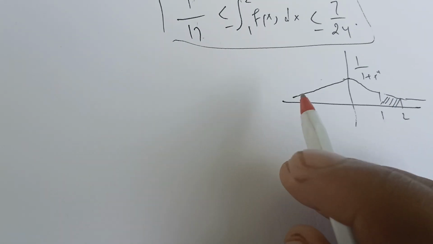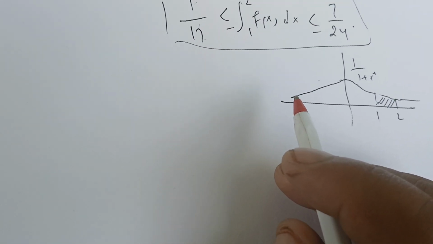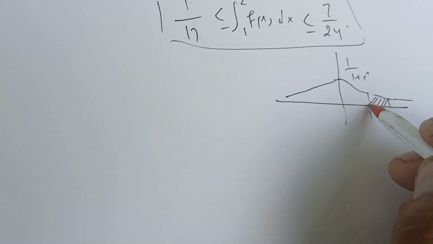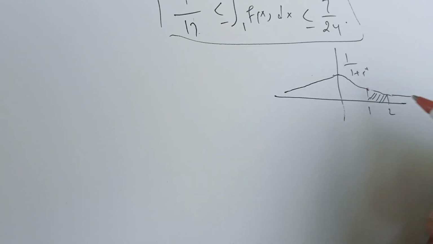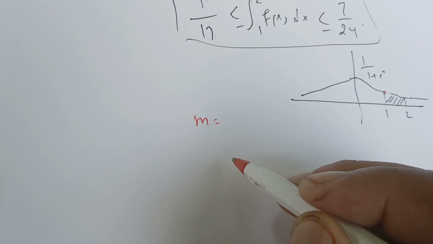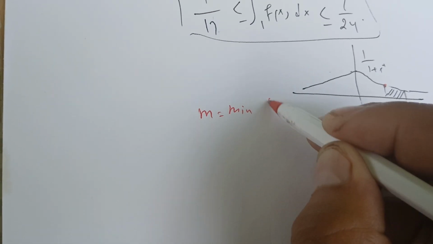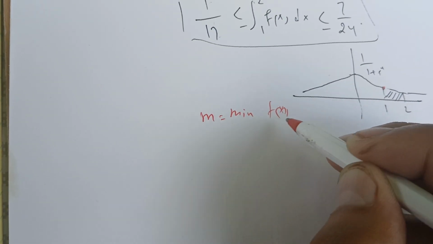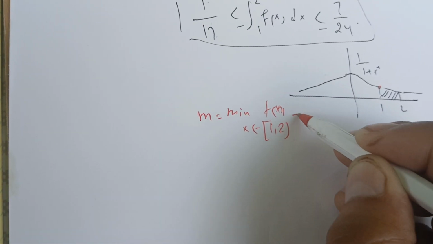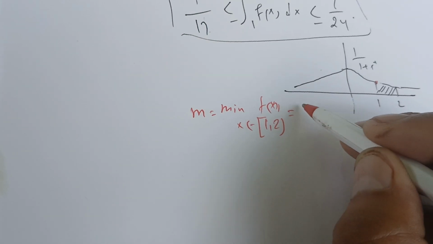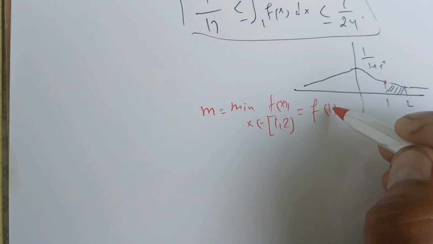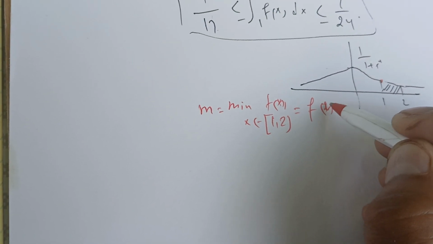Between 1 and 2, our function is between f of 1 and f of 2. And therefore, since it's decreasing, we can find the minimum. The minimum that we denote m is the value of f of x between 1 and 2. And clearly, it's f of 2, because it's decreasing.